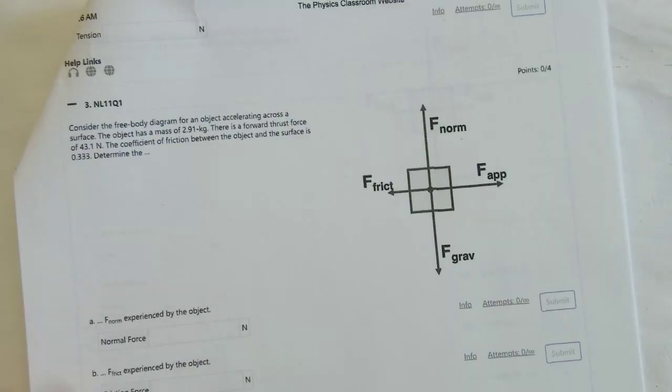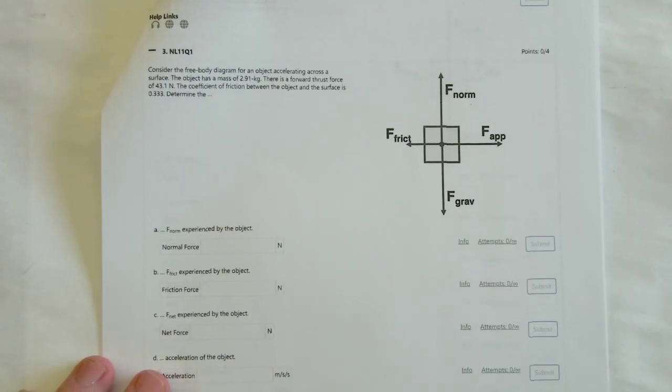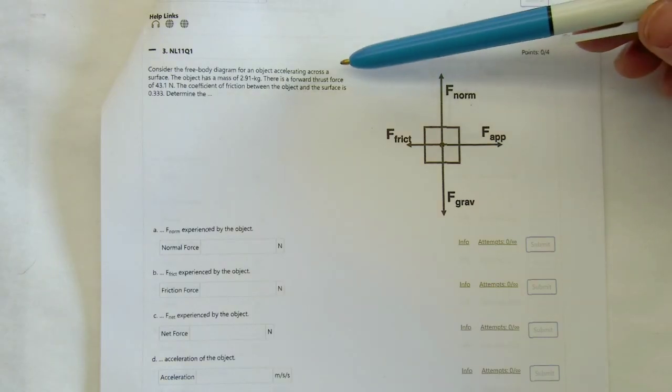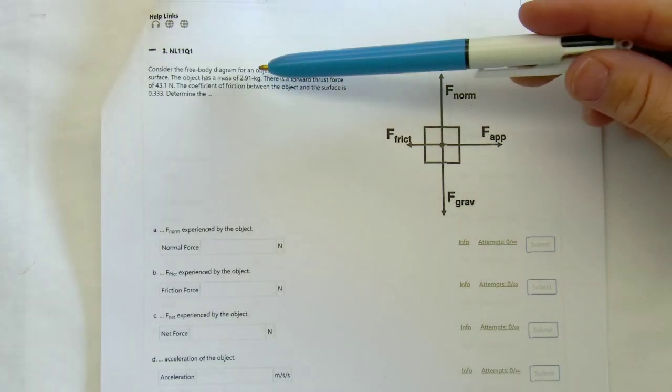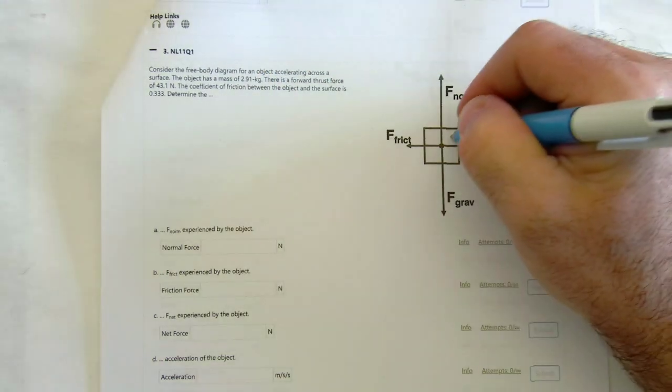But when we move to one of these questions, and this is one that you're going to see, it says, consider the free body diagram for the object accelerating across the surface. The object has a mass of 2.91 kilograms, so I can add that.